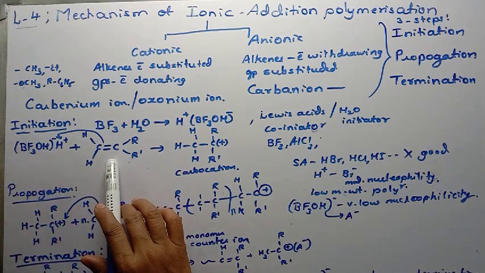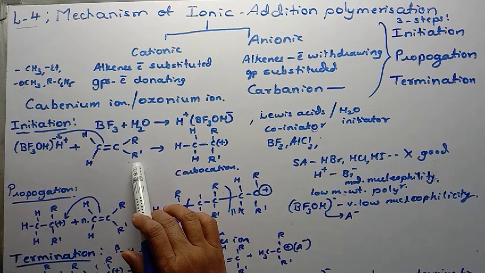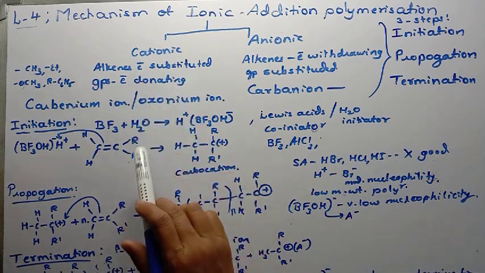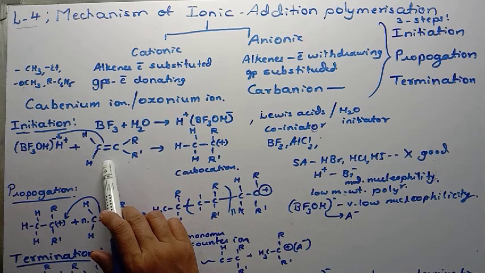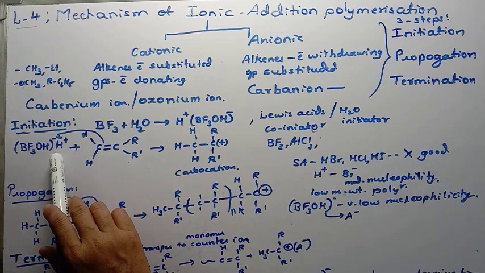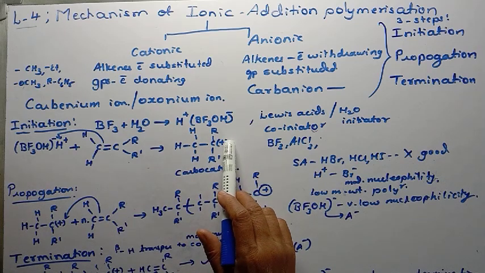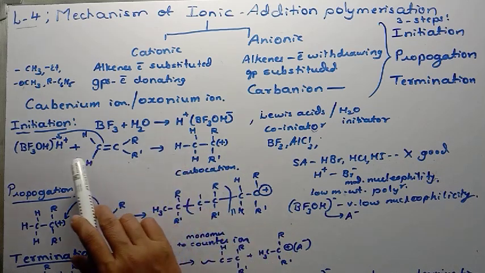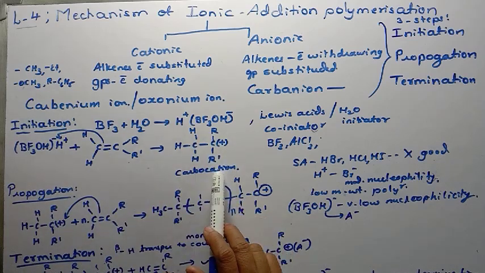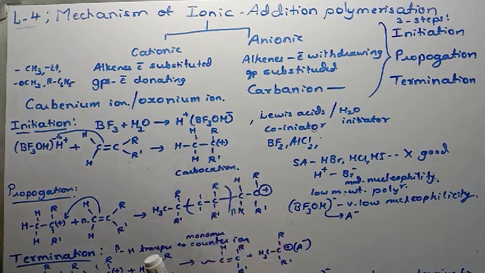When it approaches the monomer, the electron donating group makes the monomer act as a nucleophile, and thereby it easily attacks the electrophile and leads to the formation of a carbocation, which is the active species. The resulting monomer is a carbocation, a very active species.